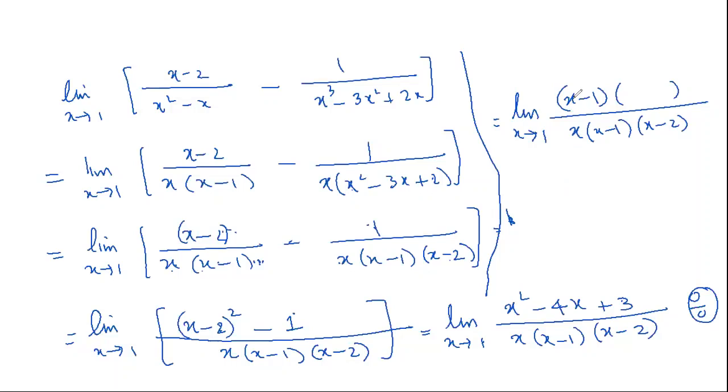X squared divided by x, so x. 3 divided by minus 1, minus 3. Now cancel the common factor and replace x by 1. So your answer became 2. So limit of this function is 2.